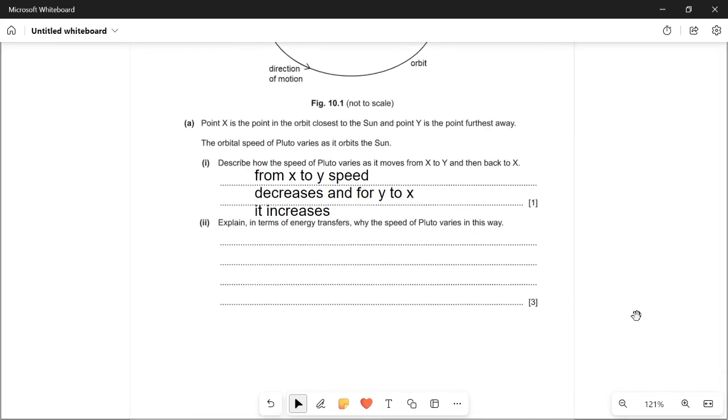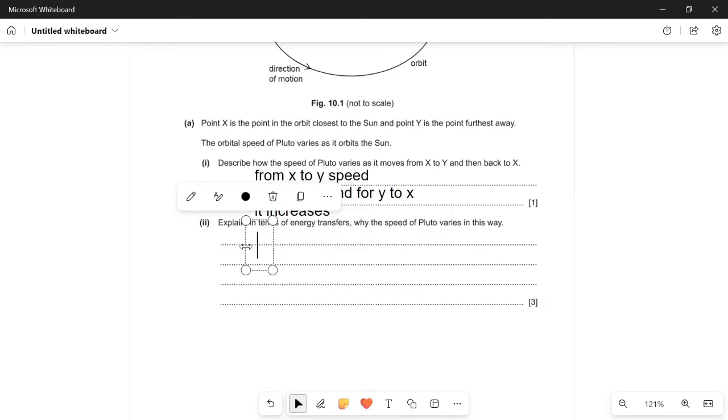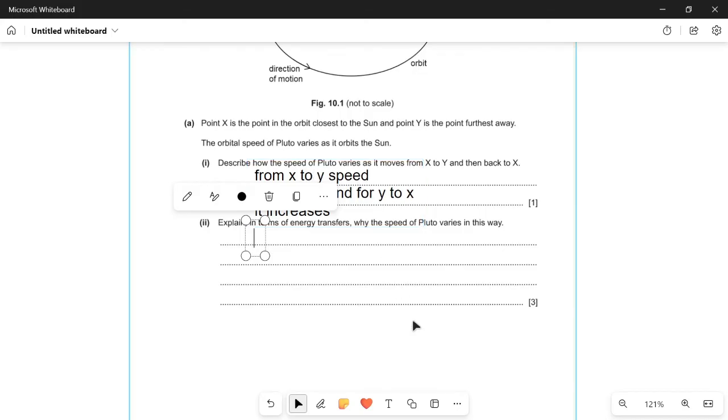The next question: explain in terms of energy transfers why the speed of Pluto varies in this way. I've explained it previously. As it's moving from X to Y, it loses kinetic energy, and it would gain GPE, or gravitational potential energy.